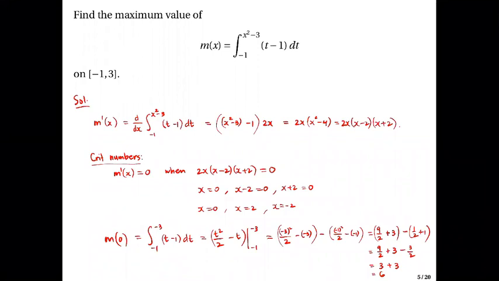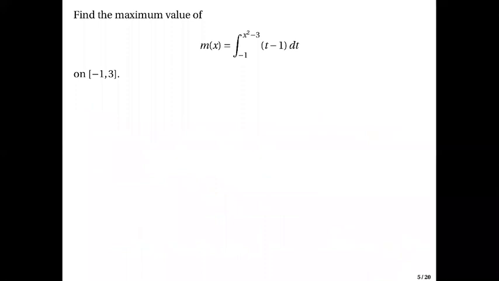Let's have m of 2. You will see this is the same as m of negative 2. Why? Because you have the integral from negative 1 up to plus or minus 2, but you are squaring it, and then you have minus 3.